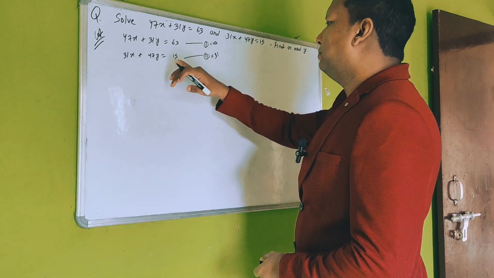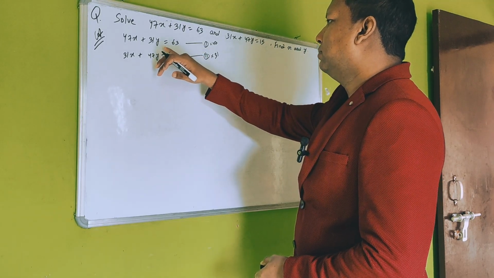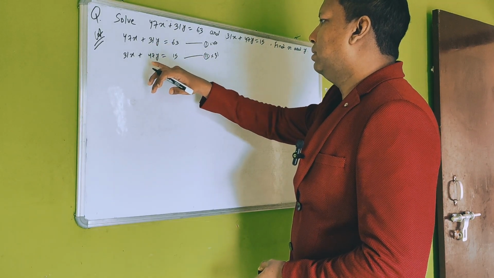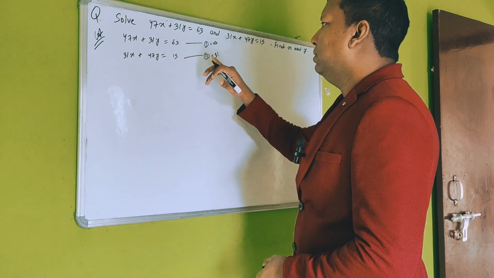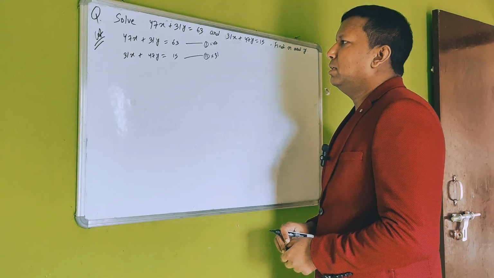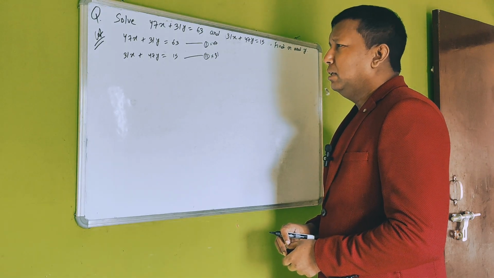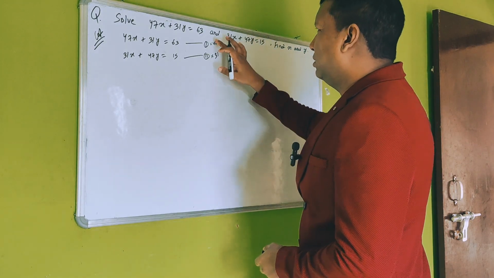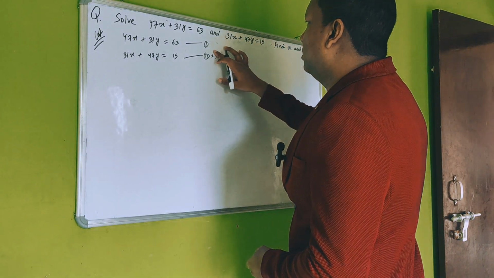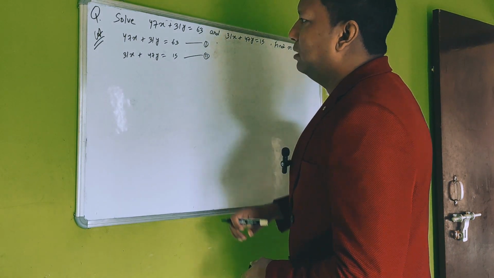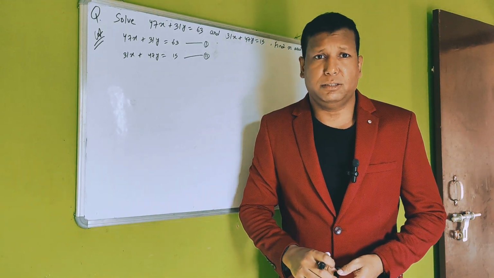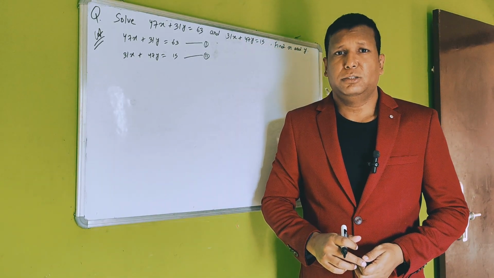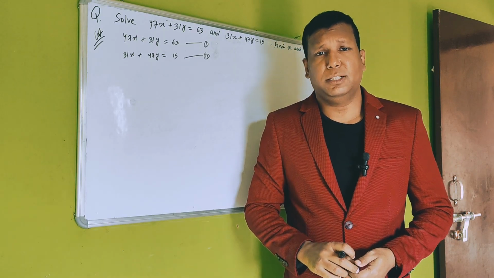By using this approach, you can get the same y value, then subtract and get the x value. But this way is too lengthy and very hard to calculate. Maybe some mistake comes in the calculation, and then you can get 0 marks. So I'm not going to follow these steps.